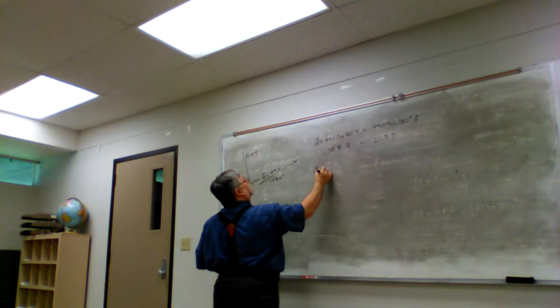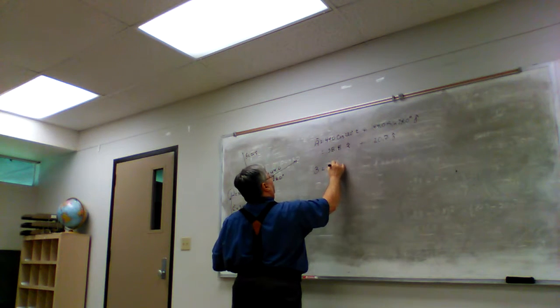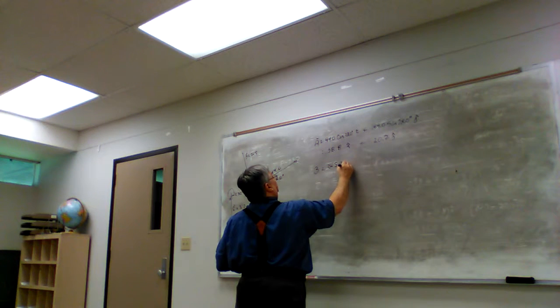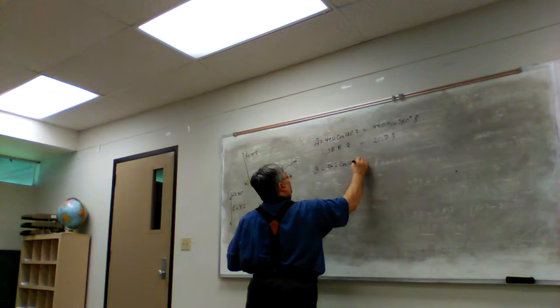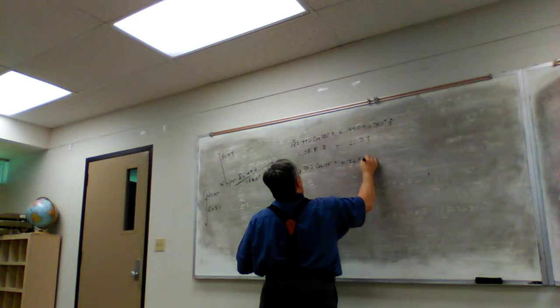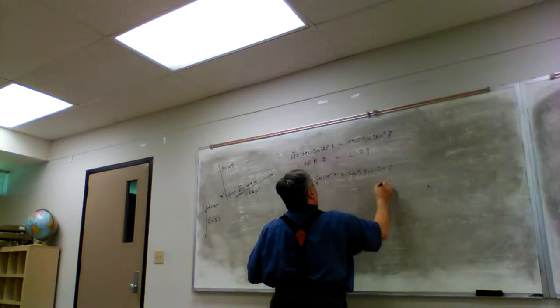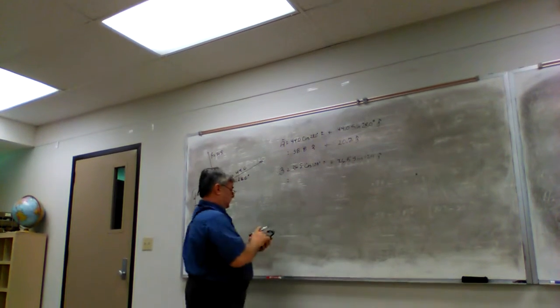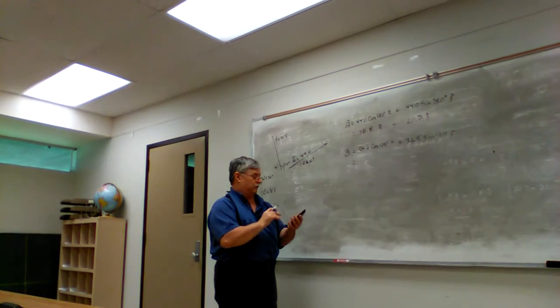All right, B is going to be 26.5 times cosine of 124 I plus 26.5 times the sine of 124 J. Which equals, Tony? What do you get for the horizontal here?